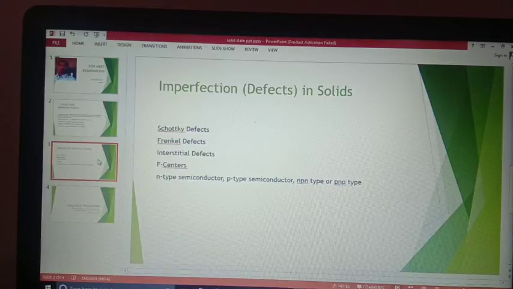I will discuss this in detail in the topic where I explain it briefly, but here I am simply explaining the points you have to know: what N-type semiconductors are, what P-type semiconductors are, and what their examples are.